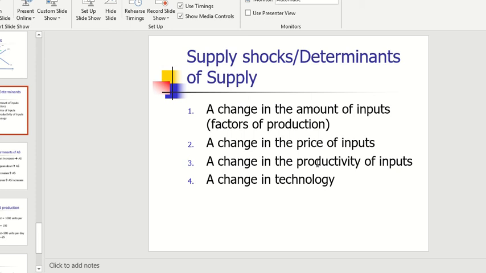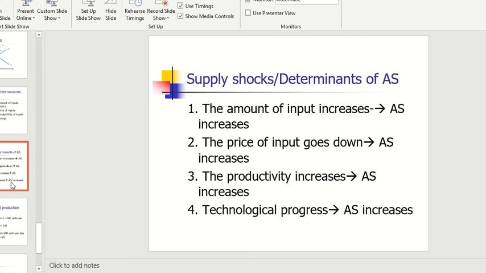So a change in the productivity of inputs definitely can affect the aggregate supply. As the productivity increases, I hope it is quite intuitive that aggregate supply will increase.